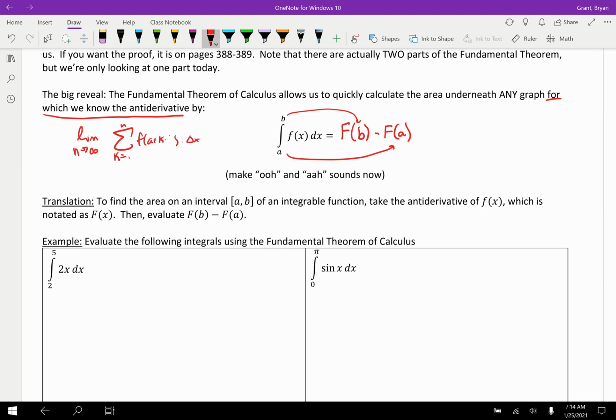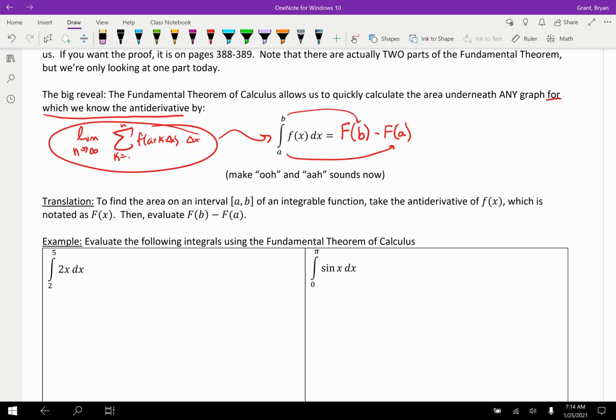A plus k times delta x. You are still expected to know that. And I found if I just shove this in my students' faces without any sort of background, that it makes no conceptual sense. So I really do like to build up to that, realizing that this is exactly equal to the integral is cool, but realistically, this big reveal is what you're going to use 90% of the time when you calculate integrals.